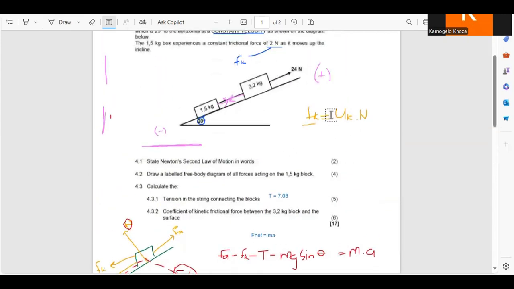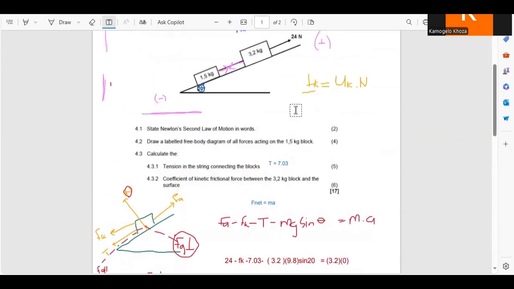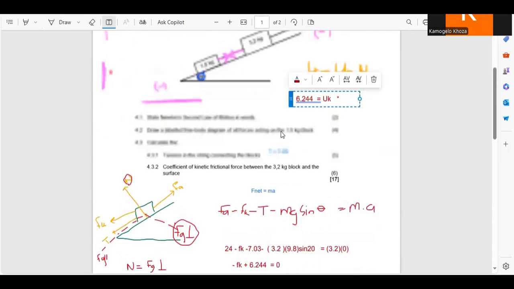Now, let us go back to the formula that we wrote initially here. So our Fk, we said, is 6,244. And we said this is equal to mu k, which is what we're looking for, multiplied by our normal force, which is 29,46876.